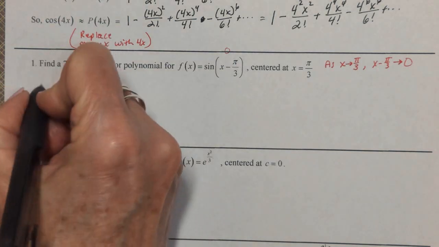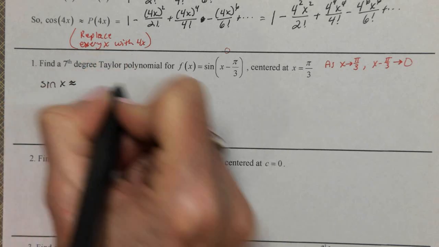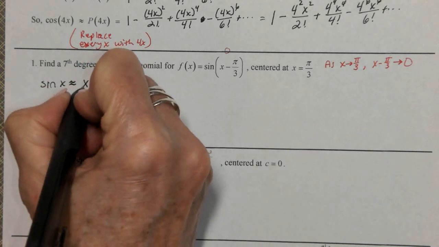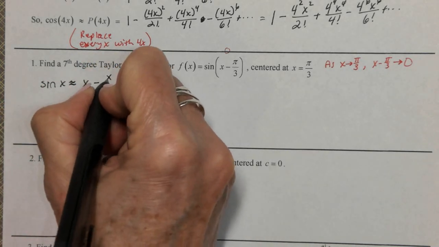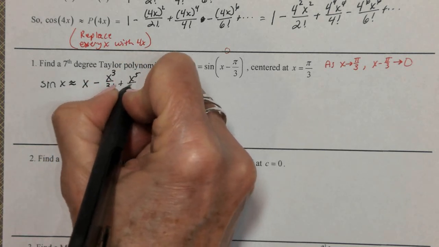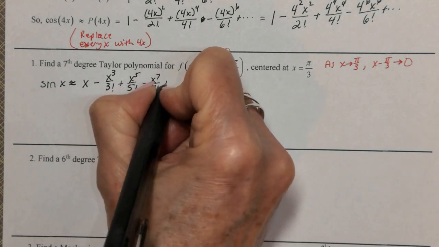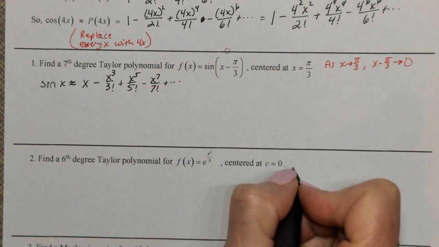So I know the Maclaurin series for sine x. Sine x starts with x, and then we alternate signs: x cubed over 3 factorial plus x to the 5th over 5 factorial minus x to the 7th over 7 factorial plus dot dot dot.